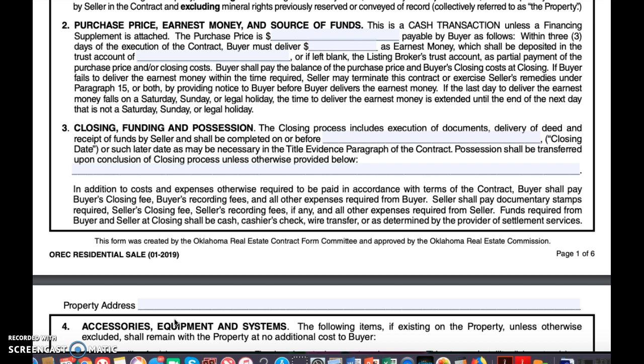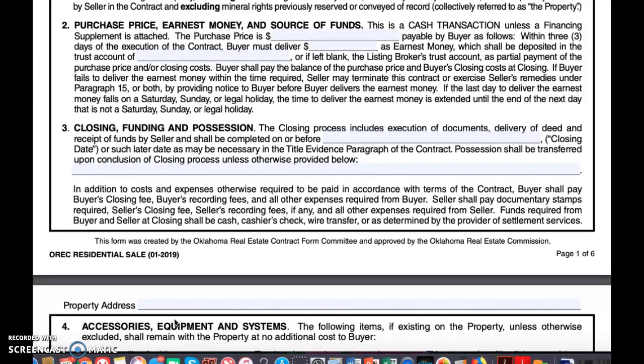In addition to costs and expenses otherwise required to be paid in accordance with the terms of the contract, buyer shall pay buyer's closing fees, buyer's recording fees, and all other expenses required from buyer. Seller shall pay documentary stamps required, seller's closing fee, seller's recording fees, if any, and all other expenses required from the seller. Funds required from buyer and seller at closing shall be cash, cashier's check, wire transfer, or as determined by the provider of settlement services.